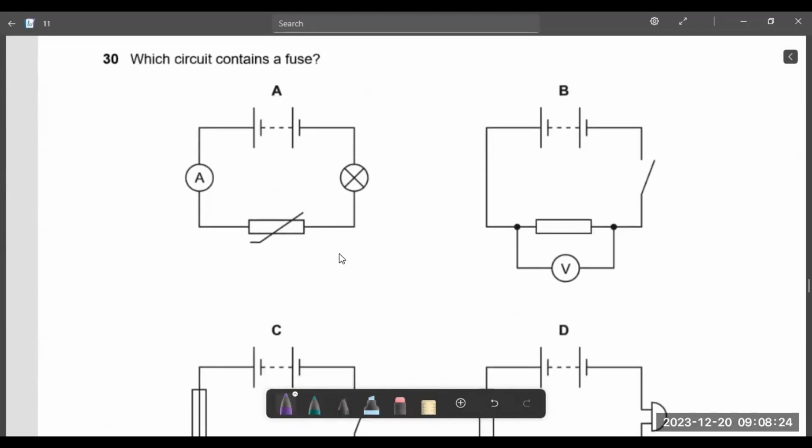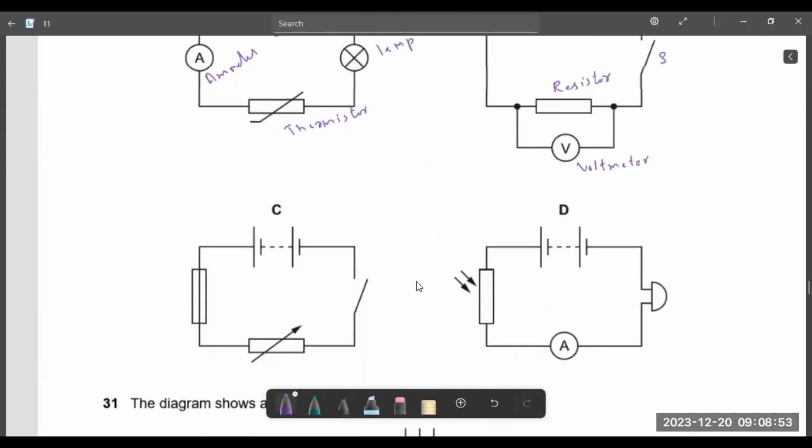Which circuit contains a fuse? So option A: this is a cell, this is an ammeter, this is a lamp, this is a thermistor. Here one switch is there, a voltmeter is there, this is a resistor.